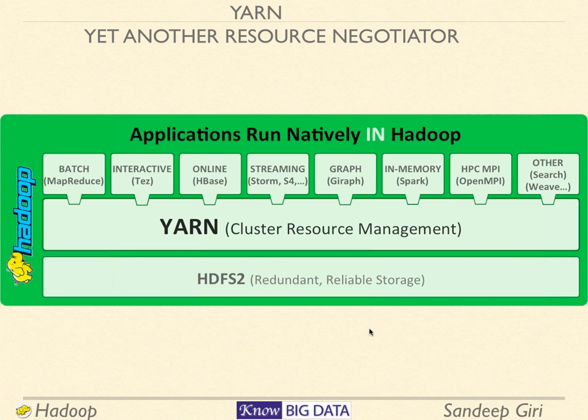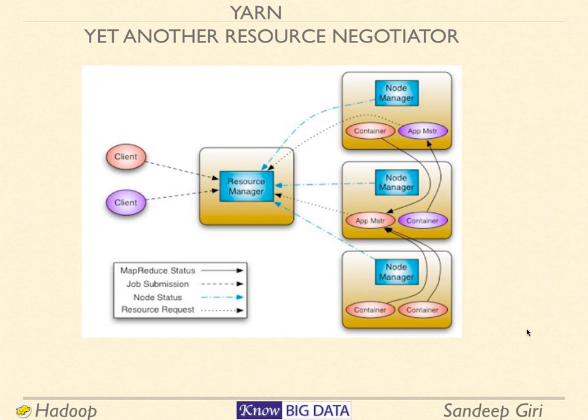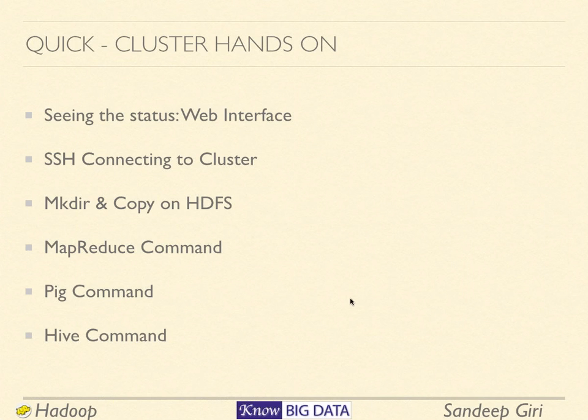From the MapReduce perspective, everything is still exactly the same. You do not have to worry about anything. It is just a refactoring of the code. All right. We will come back to YARN again at the end of the session, because it's not very important to know right now.